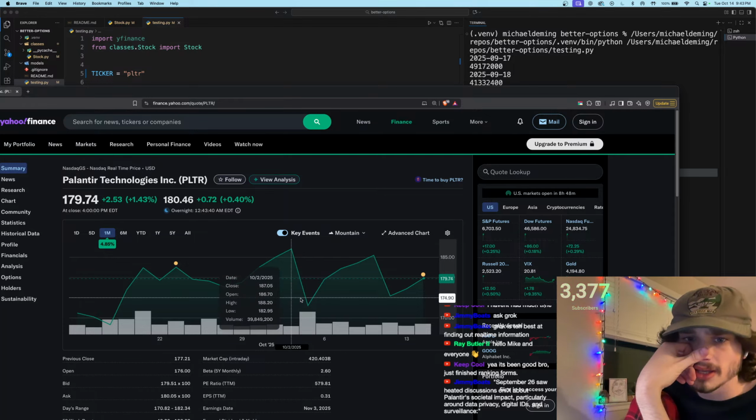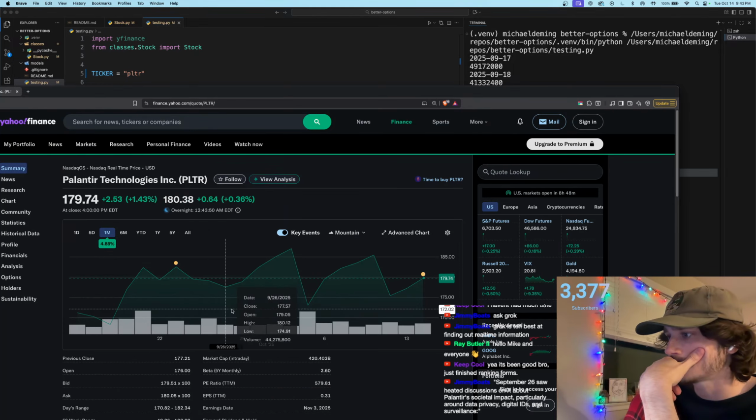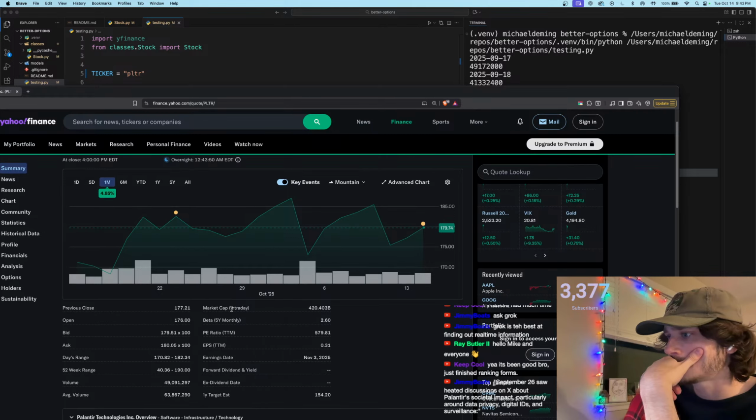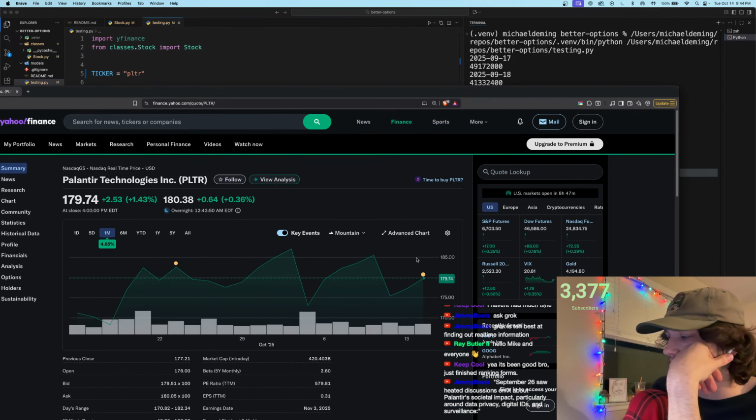September 26th saw heated discussions on X about Palantir's societal impact, particularly around data privacy, digital IDs, and surveillance. Huh. It's just interesting. Why isn't it lining up with the volume I'm seeing here? 9/26, I have a volume of 44 million.